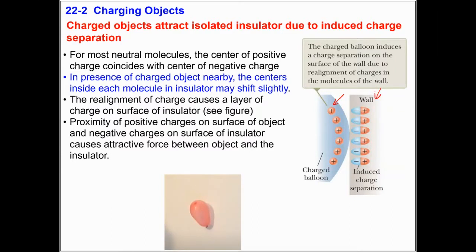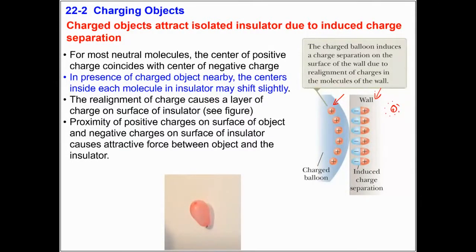The wall, let's assume the wall is an insulator, so it does not have free negative charges. So what happens is the molecules, let's say the molecules, are originally the center of the negative charge and the positive charge is about the same. So let's say this is a positive charge of the atom, and we have electrons around it.